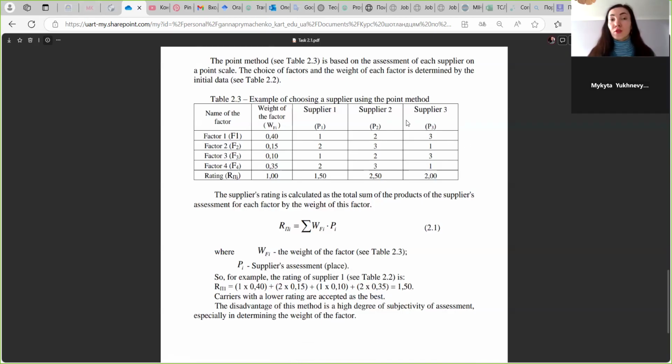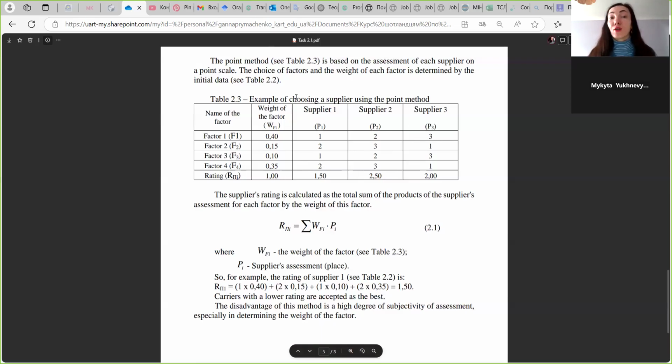For example, for the second supplier, we multiply the fourth column by our second column, 1 by 1.